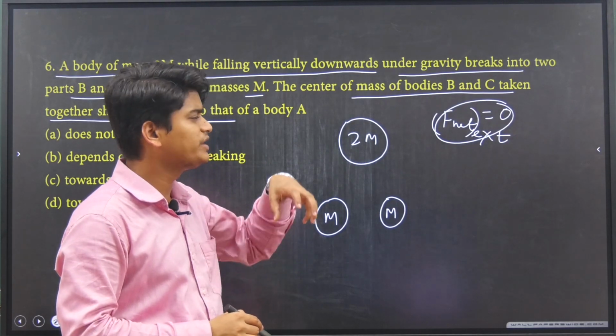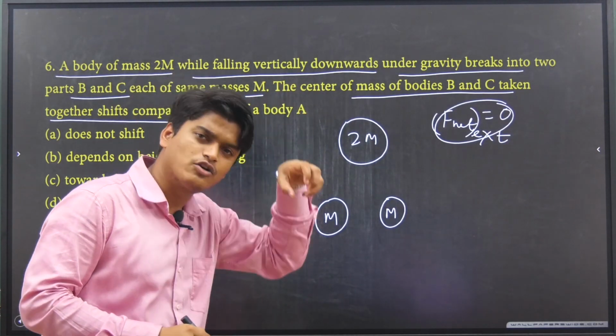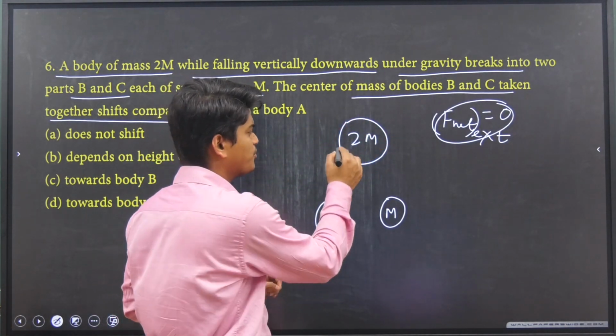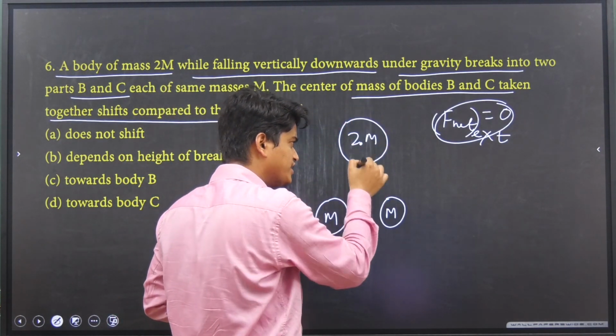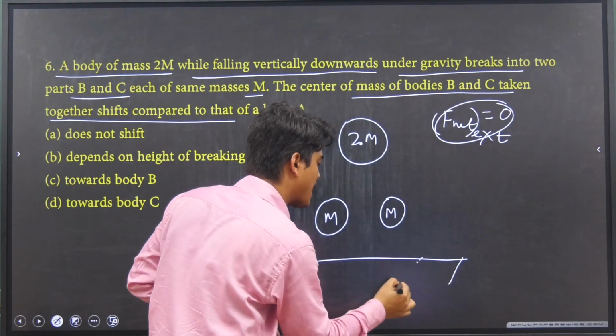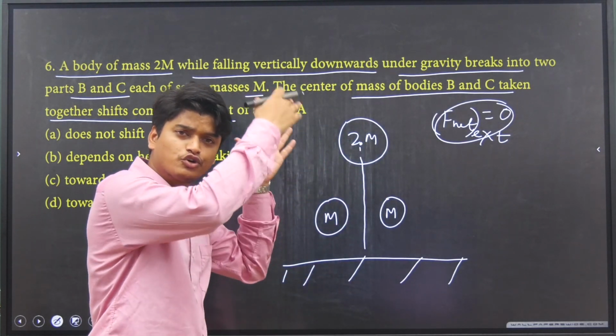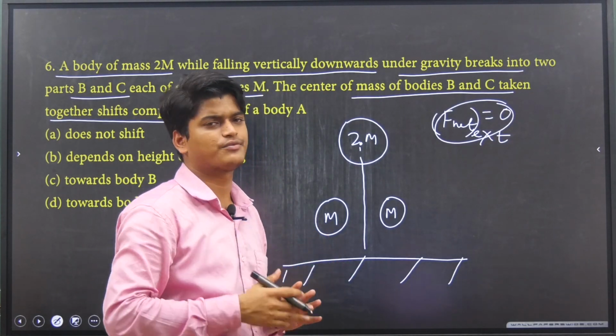If the center of mass is moving in a straight line, then it will continue to move in a straight line. That means this 2m mass, its center of mass, is moving in a straight line under gravity. This is the earth surface. It is moving under gravity, meaning it is moving in a straight line, so it will continue in a straight line if there is no external force.